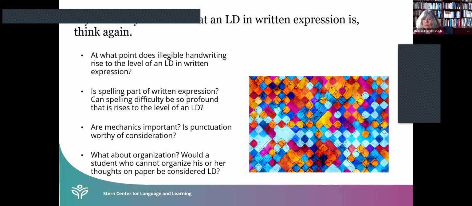But by the same token, the whole thing about written expression is writing that is clear and concise and well organized. It has to be much more organized than the way in which we speak, because we don't have a chance to go back in when we write something and correct it for the reader, because we don't know where in time or space we have a reader who's looking at what we've put on paper.